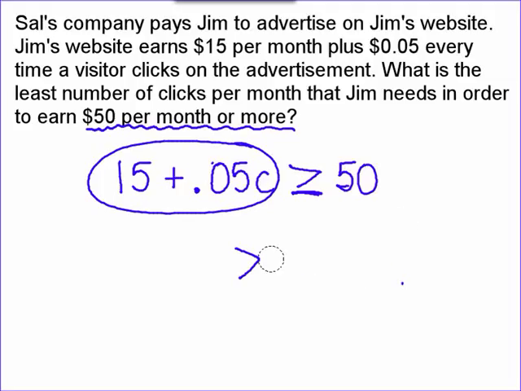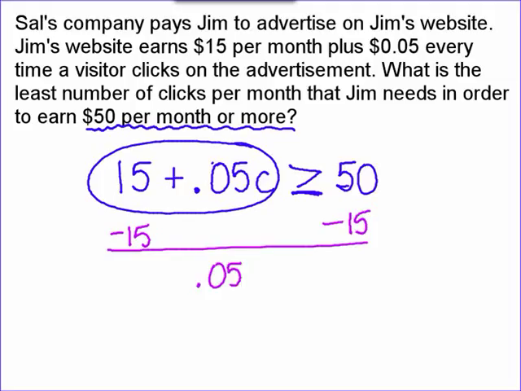So to solve that one, what are you going to do first? Minus 15. Okay, so this is how you would solve it, minus 15. So I would get 0.05c is greater than or equal to 35. What do you do now?